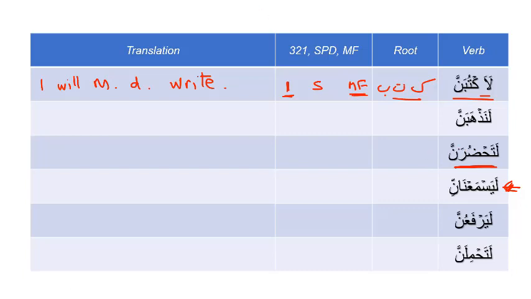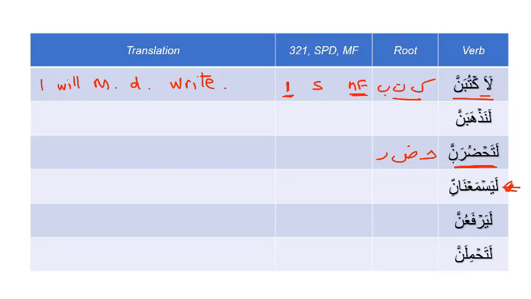Hadara. Very good. So the root is ha, da, ra. Do you remember what hadara means? Present. Yeah, present. Hadara means he came, he arrived. So yahduru, to come, to arrive, and when you arrive, then you are present basically.